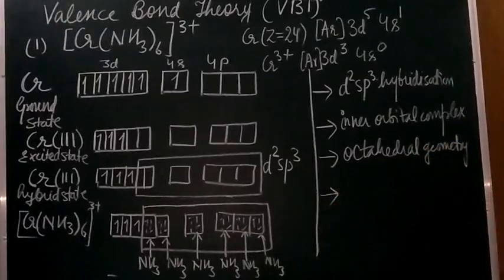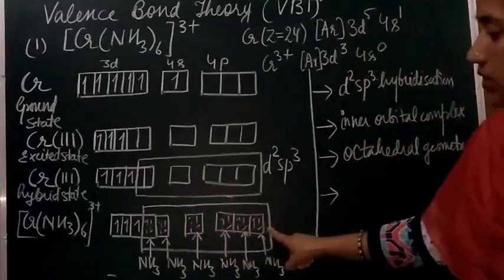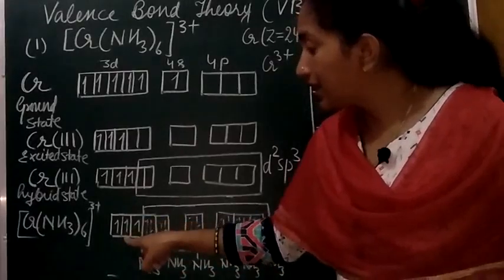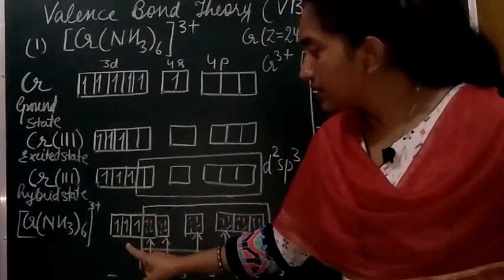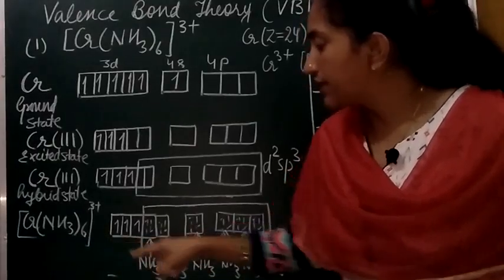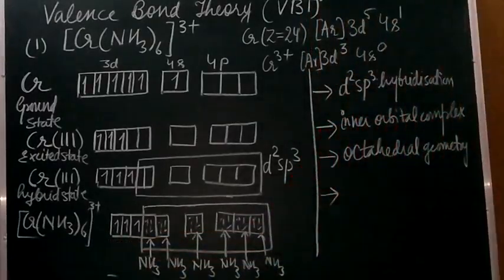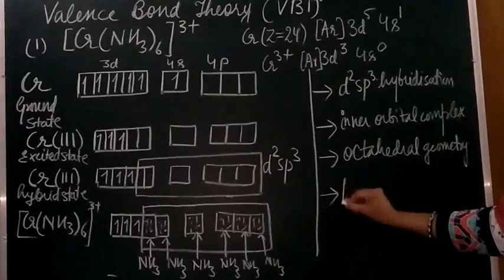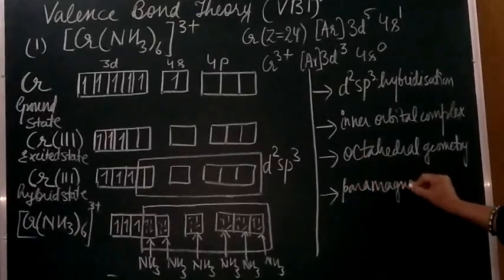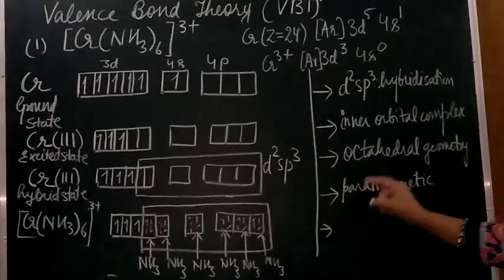And next, students, you will see that though these are all paired because they have been provided from the ligand, the electrons which are present in the 3d subshell of the central metal ion, you can see they all are unpaired, right? That means it is paramagnetic in nature, right? This is about the magnetic property.